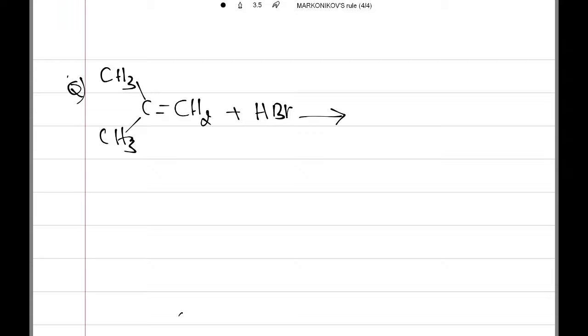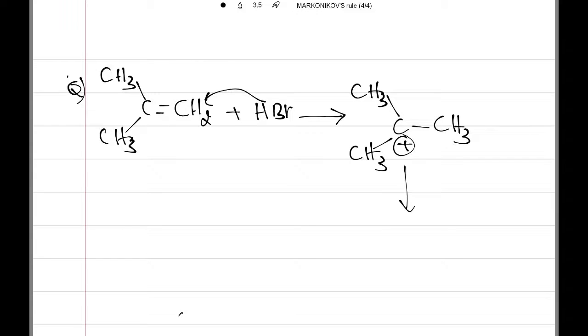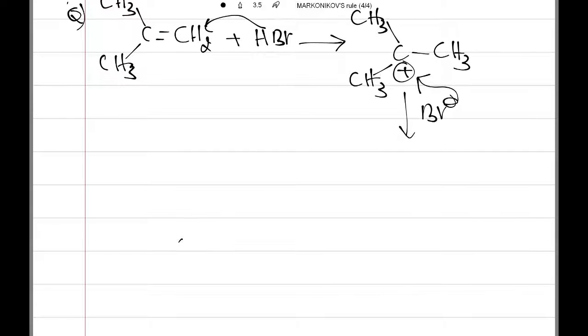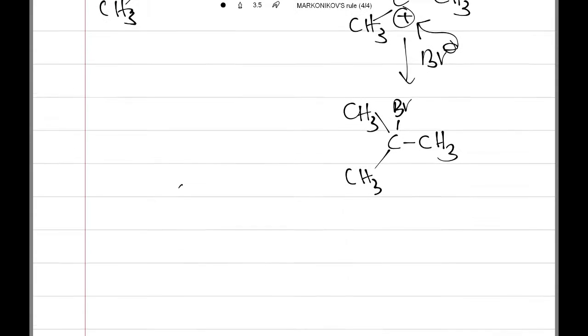In the very first step, H plus attacks the side with more number of hydrogens, and we get CH3 C CH3 with the carbocation here and CH3. This is the most stable intermediate, a tertiary carbocation, and bromine minus is attached to this carbon, and we get the product CH3 C CH3 with bromine and CH3. So this is the product of the reaction.